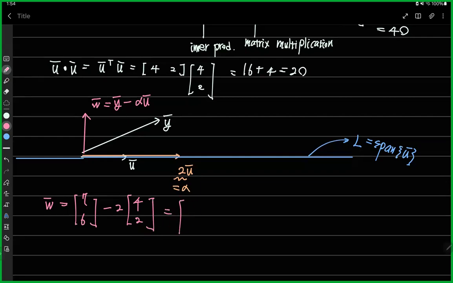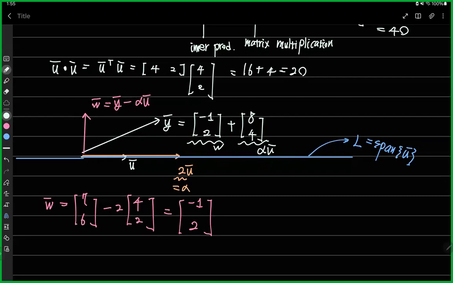That gives (-1, 2). That's w. So vector y is equal to (-1, 2) plus alpha u, which is 2 times u, which is (8, 4). That's alpha u, and alpha is 2.